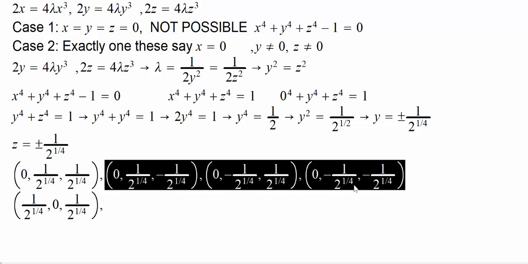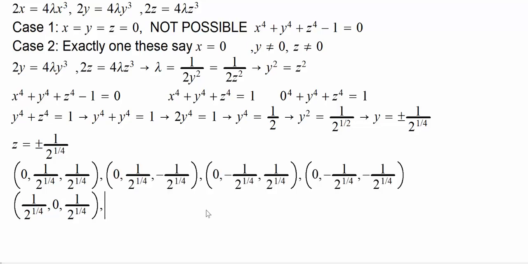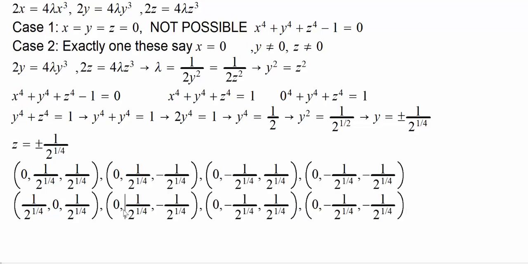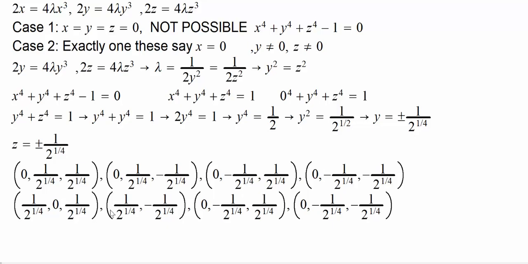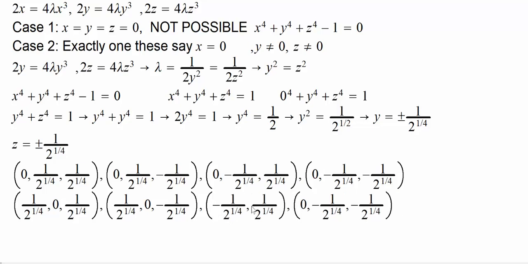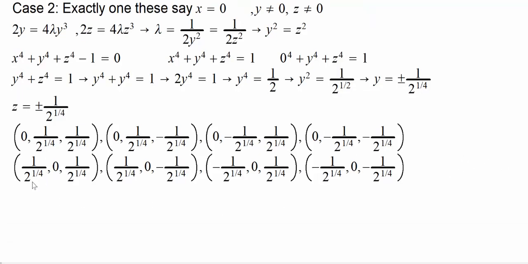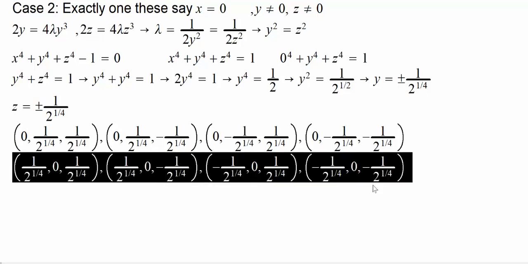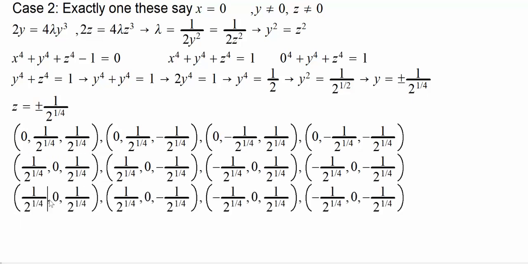So here we got this, and then we got this, and we got that, and then we have a possibility that z can be 0, right? So we will just move 0 to the third coordinate. So how many such points do we get? We get 12 such points, and I'm just speaking and writing at the same time.